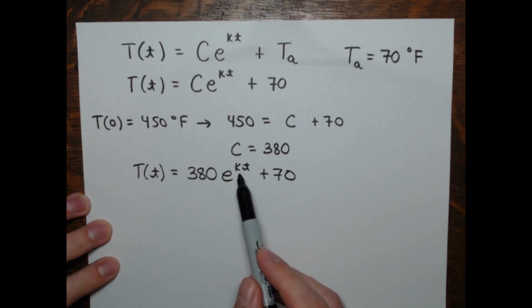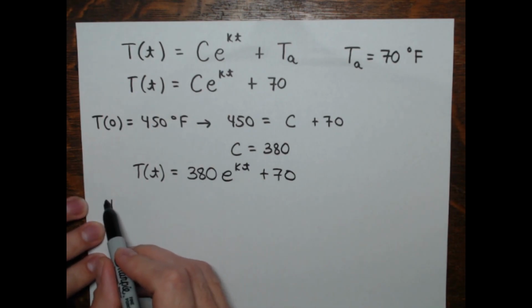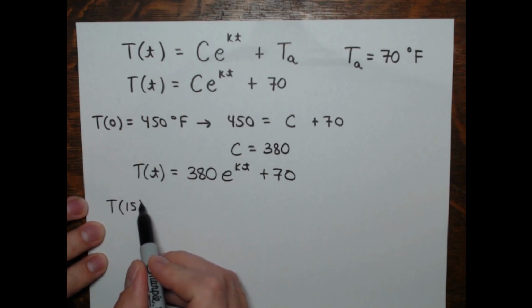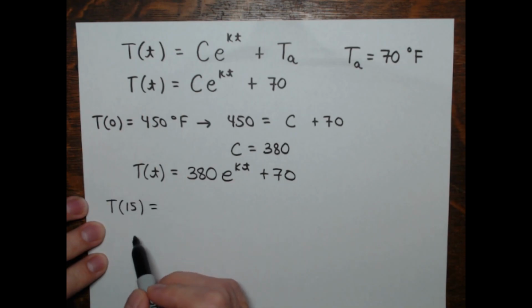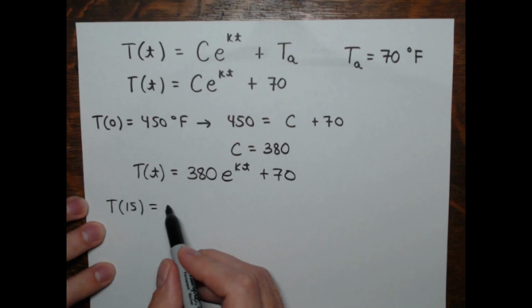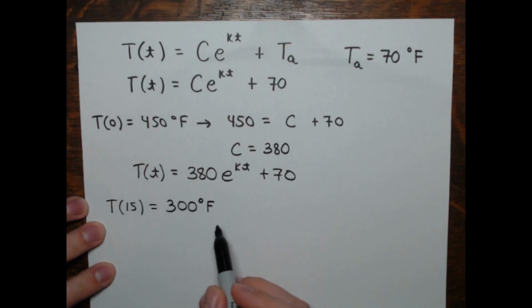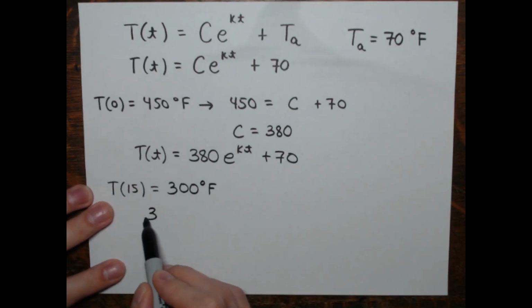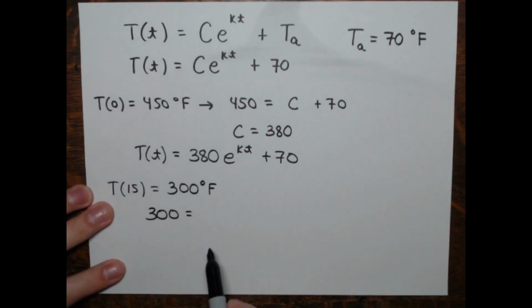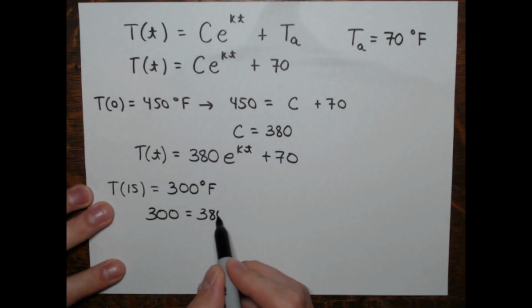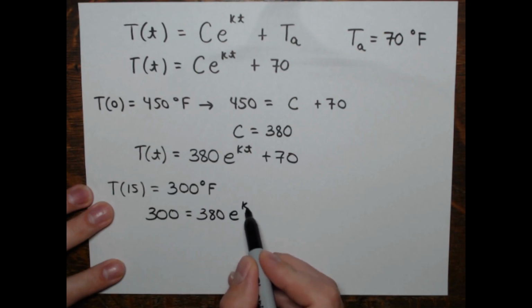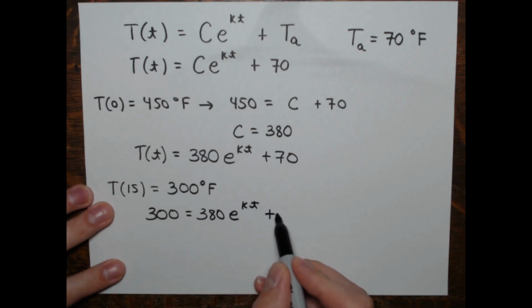Now the next piece of information will help me find k. They told us after 15 minutes, so T of 15, the cake was 300 degrees Fahrenheit. So I put in 300 for capital T on the left, equals 380 times e to the k times 15, plus 70.